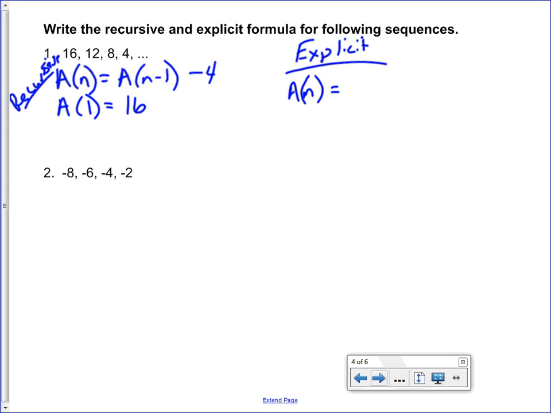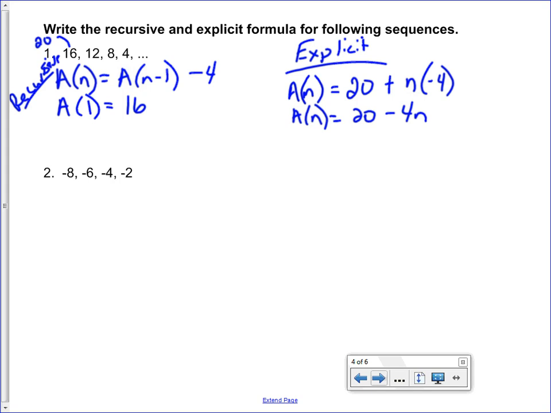If I wanted to find a_0, we'd have to go back a term, which would have taken us to 20. So we'd have 20 plus, the difference was negative 4, and the term is n, so it'd be n times negative 4. If you rewrote that a little bit, you'd have 20 minus 4n. That would be our explicit.